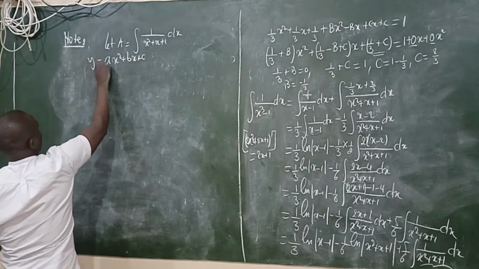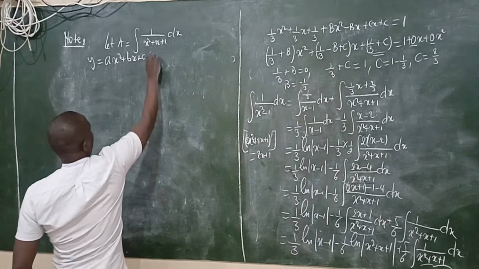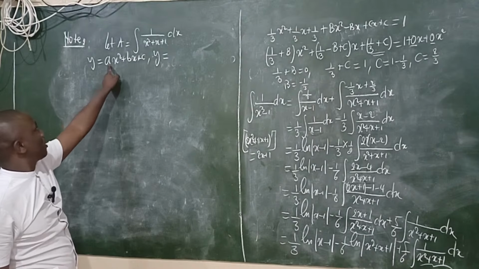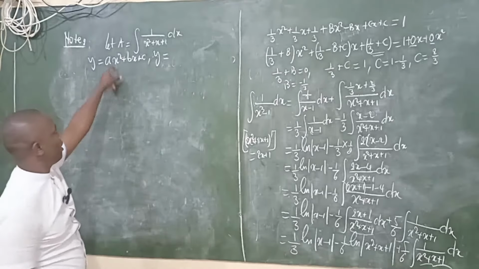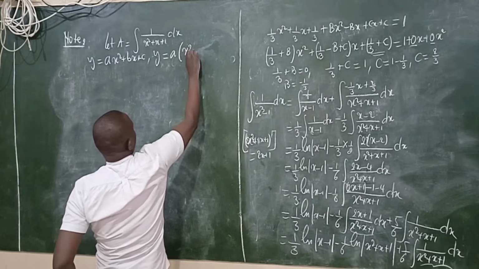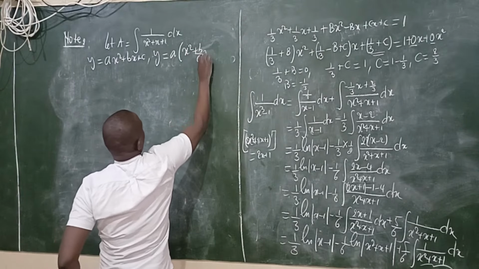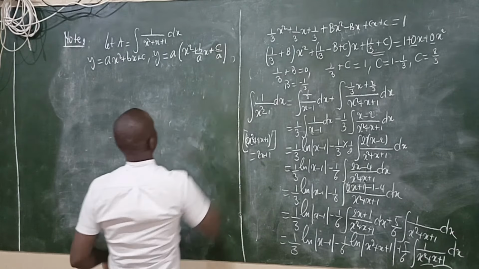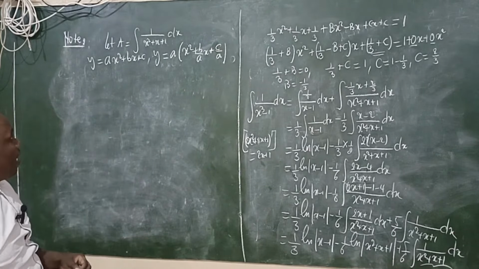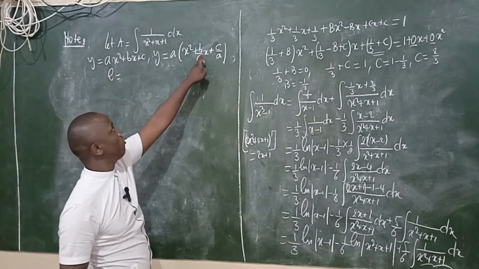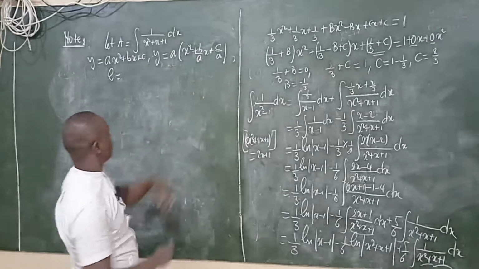If this is y, it can be also factoring a, a by x squared plus b over a x plus c over a. Okay, and I'm going to assume e to be a half of the coefficient of x here.